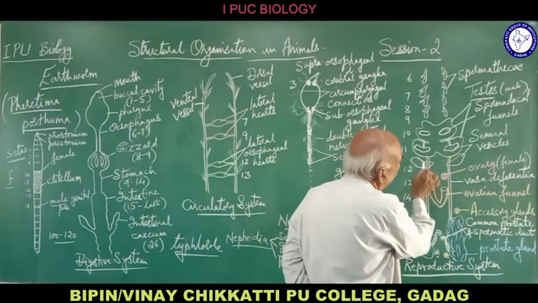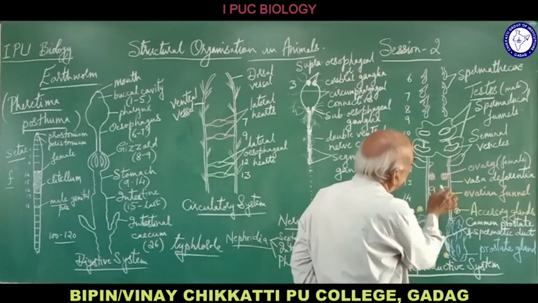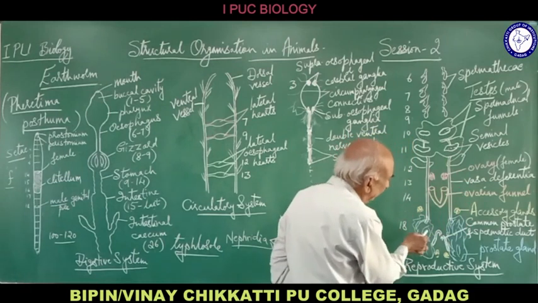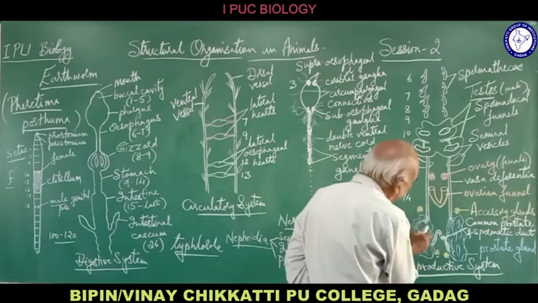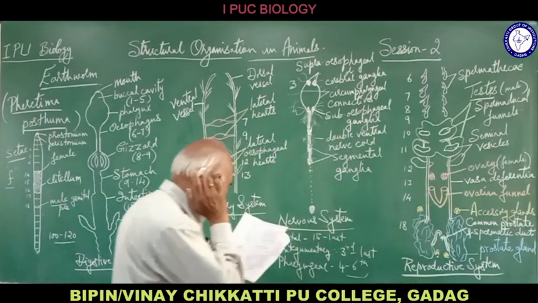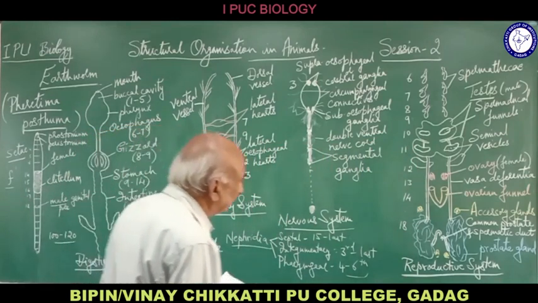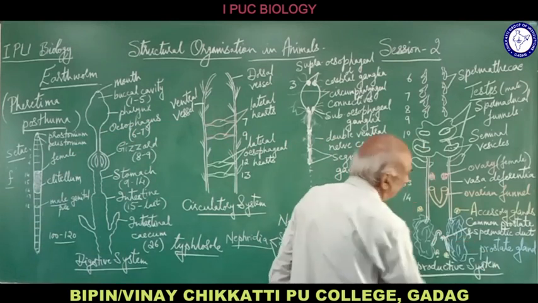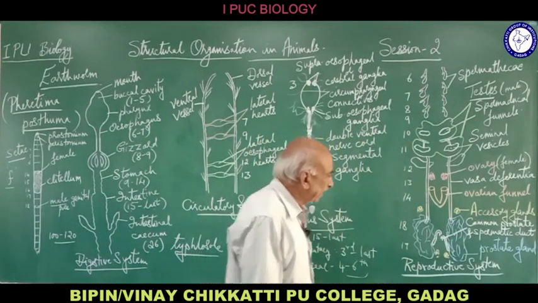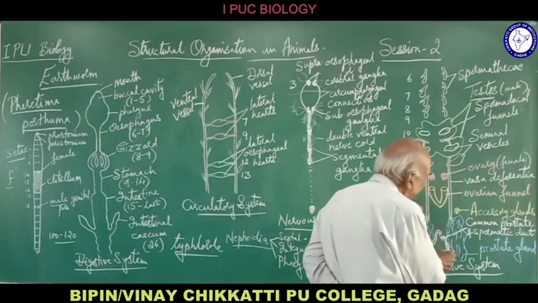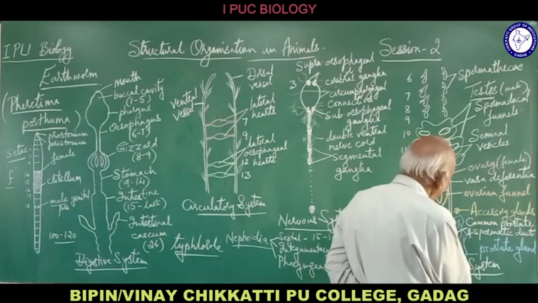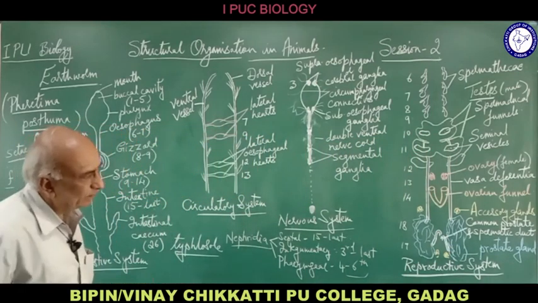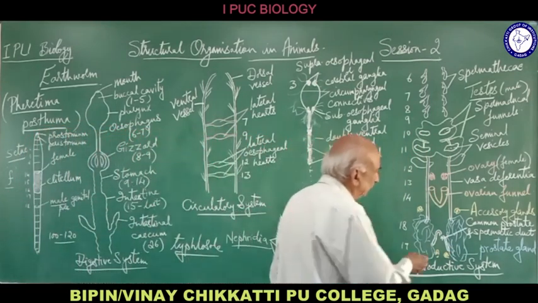So these are the seminal vesicles, that is the male part. In the 18th and 19th segments, there is a pair of prostate glands. The prostate gland and the spermatic duct open out through a common opening of these two ducts.